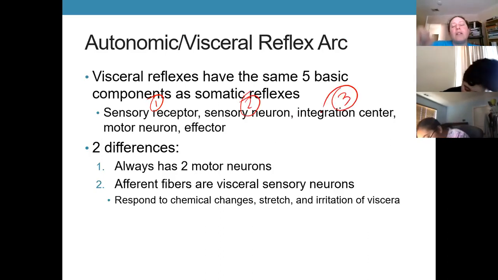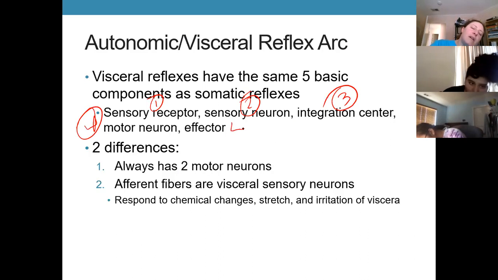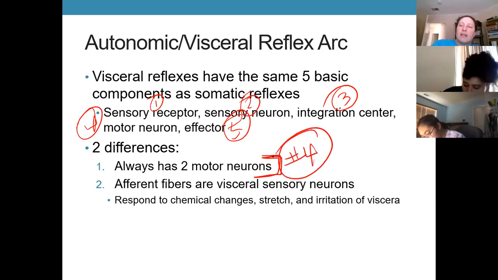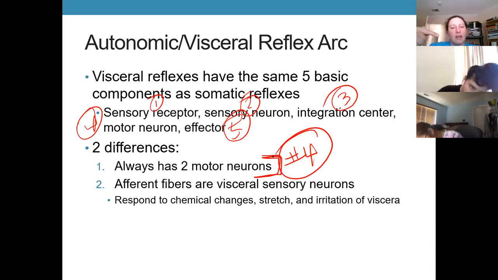We're going to have an integration center, even if that's just a single synapse, a motor neuron, and an effector. The 2 main differences are that we always have 2 motor neurons in the motor neuron step, because that's how autonomic output is, compared to the 1 motor neuron of somatic.